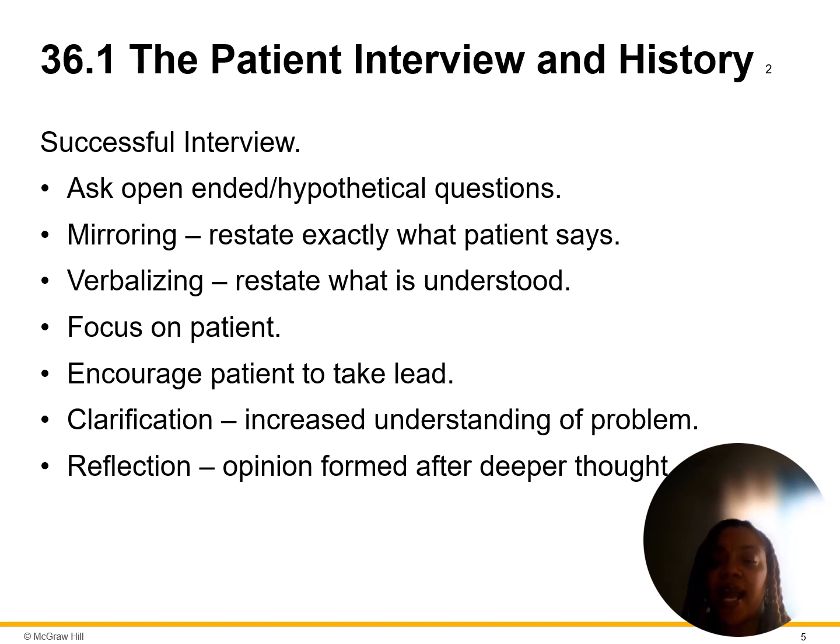Ask the patient for permission to conduct the interview before you start. Make your patient feel at ease, and conduct the interview most definitely in a private area without any interruptions.